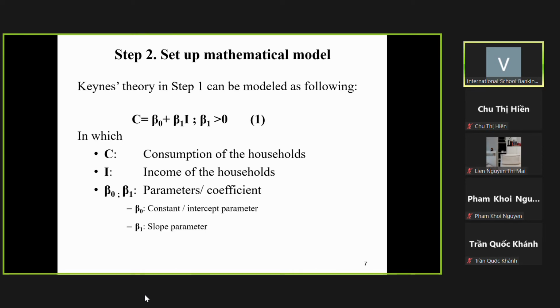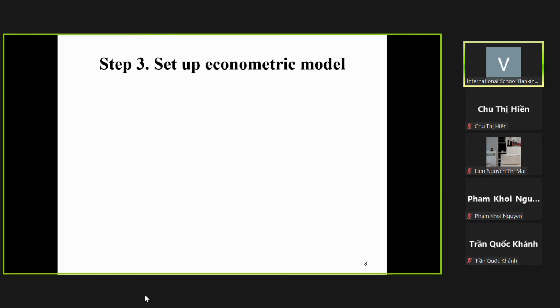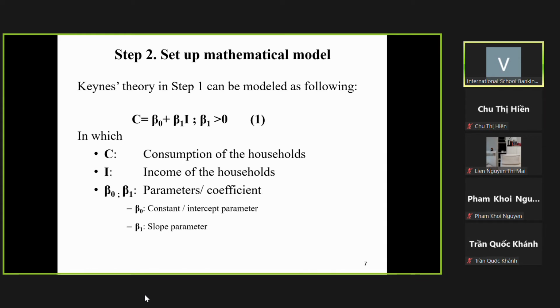And so now we move to the econometrics model in step 3. According to econometric science, besides income, there are many other factors that can affect consumption expenditures of households.